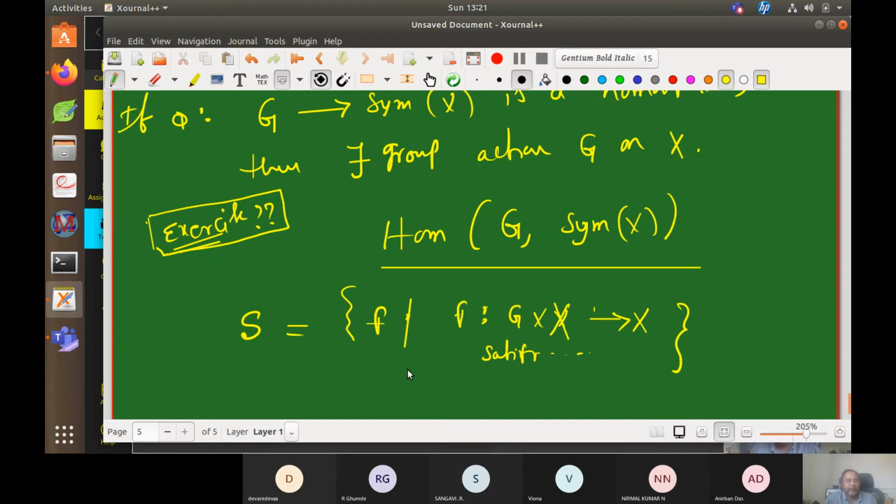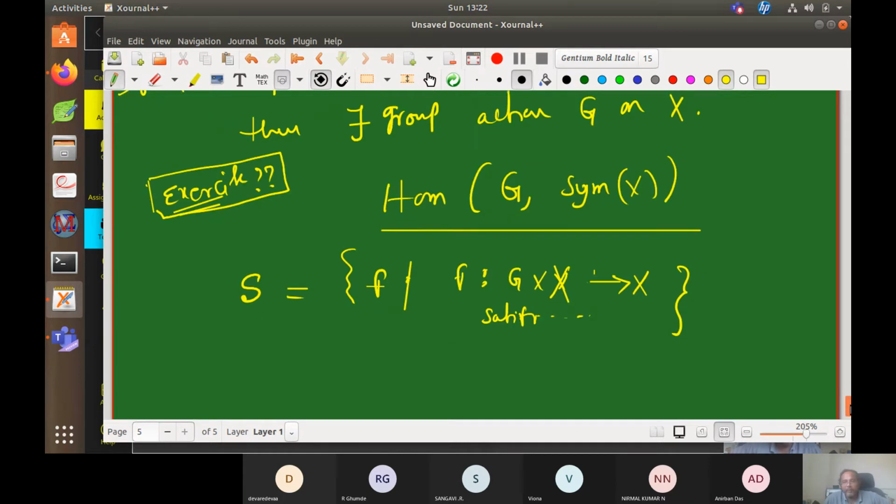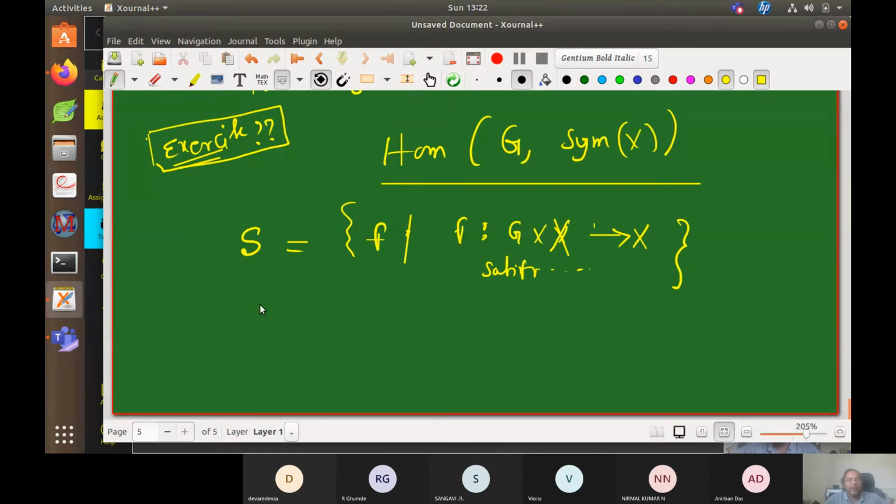Now I have to define some operation, maybe composition, I don't know. But composition will not work, right? That's why I do not want to enter into it at this juncture. We need time to define it. But the question is interesting, and at least I myself had not asked it earlier.